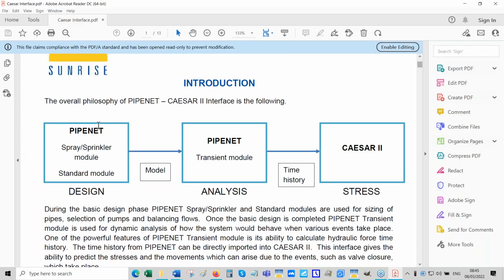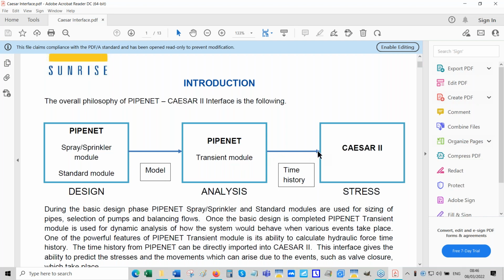See, the philosophy in PIPENET, we use the spray sprinkler module and the standard module for design, things like pipe sizing, pump selection. How does the system behave under many steady state scenarios? That's the design process, and we complete the model. And then how does the system behave under dynamic conditions is what the transient module is about, and you can export the model from PIPENET steady state modules to the transient module, and that of course generates the time history.